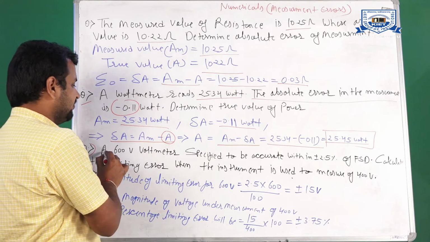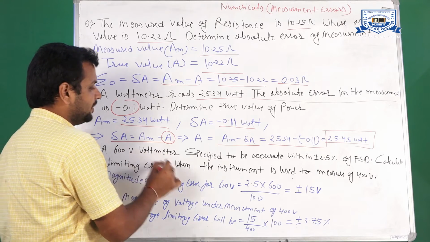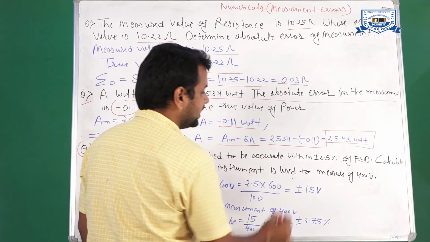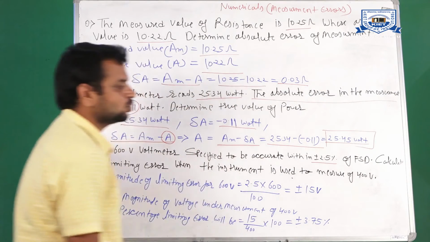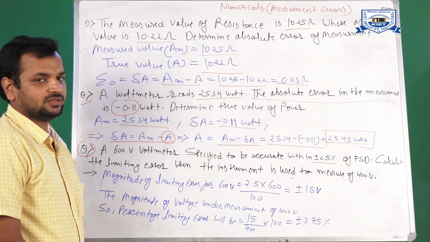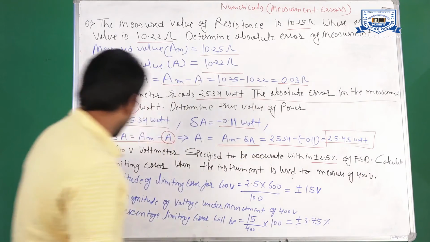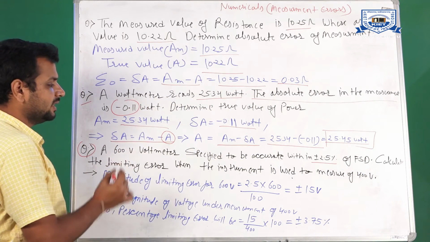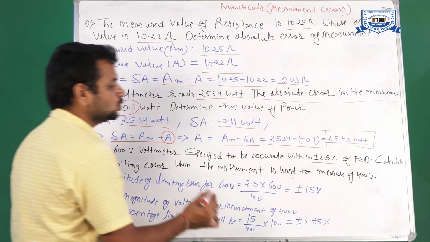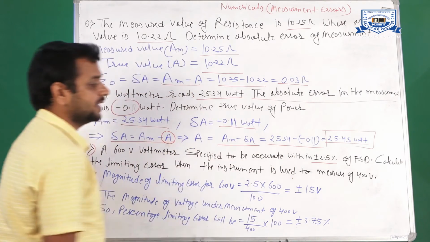Okay, now the next question, that is based on the limiting error. A 600 volt voltmeter is specified to be accurate within plus minus 2.5% of FSD. FSD is full scale deflection. Calculate the limiting error when the instrument is used to measure 400 volt.